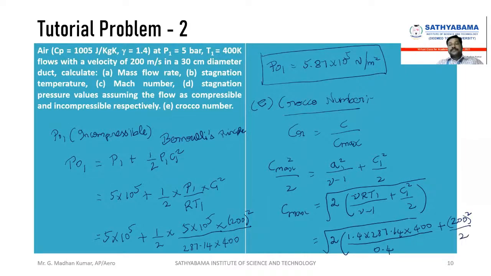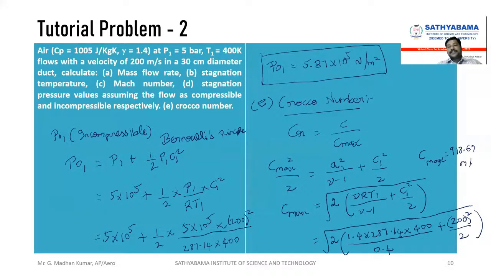So what is the value of C max? Need answers from you. Evaluate and tell me. What's the answer in the chat box? Yes, it was 918.69. So both are having the same answer now.